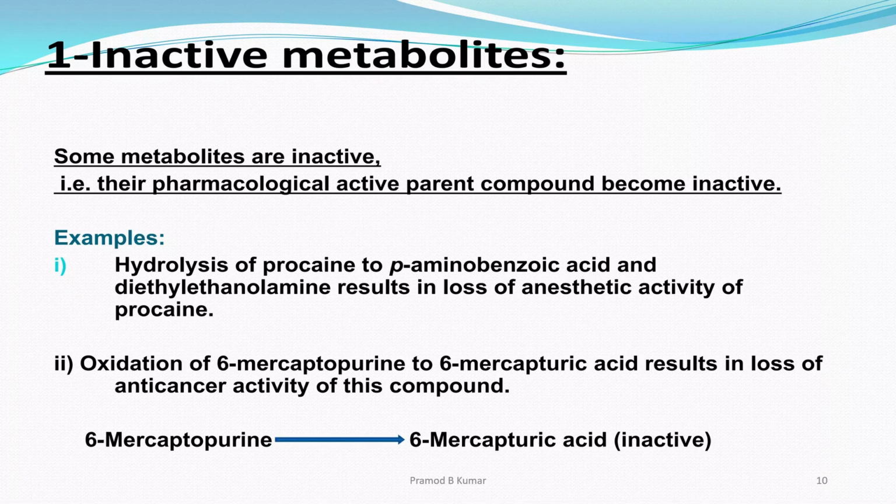Let's start with one, that is inactive metabolite. Some pharmacologically active compounds become inactive when metabolized. For example, hydrolysis of procaine to para-aminobenzoic acid and diethylaminoethanol results in loss of anesthetic activity of procaine.